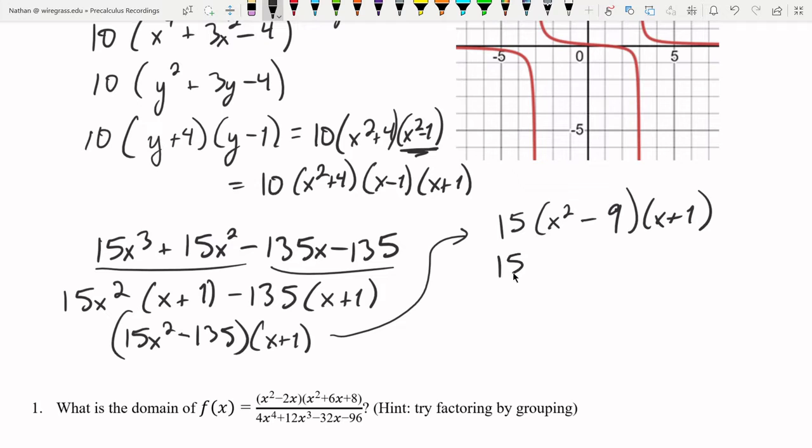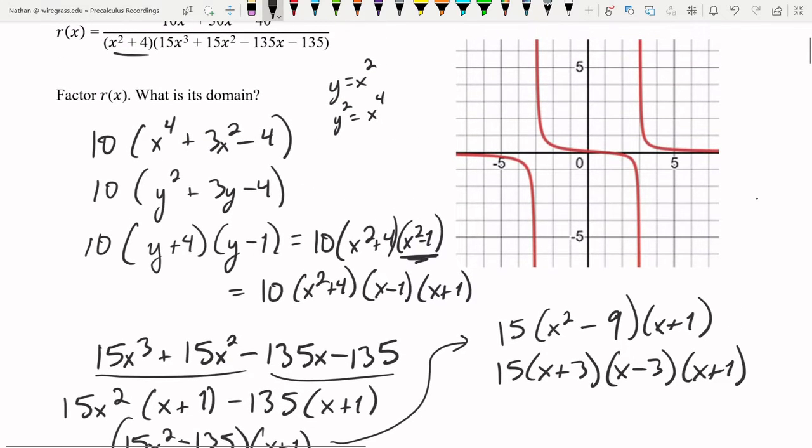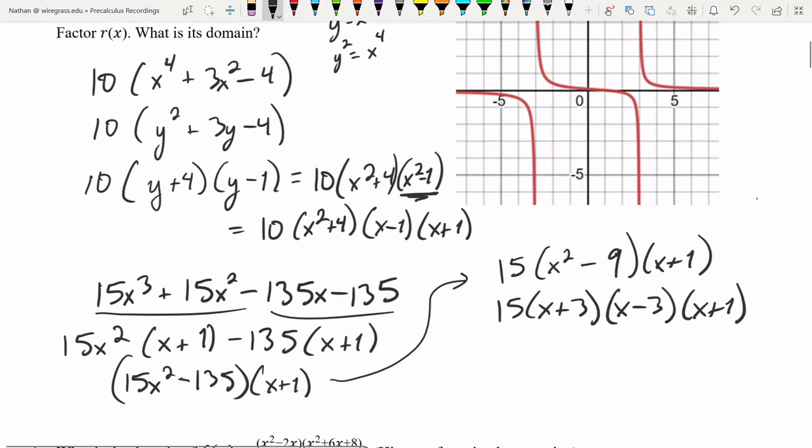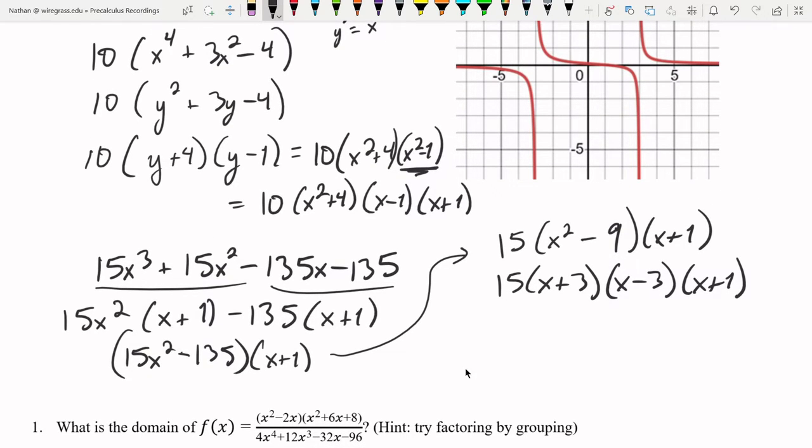I can factor that into x plus 3, x minus 3, and x plus 1. Okay, so this is our denominator. We, of course, also have the x squared plus 4 in it. So I can rewrite r of x in this form.